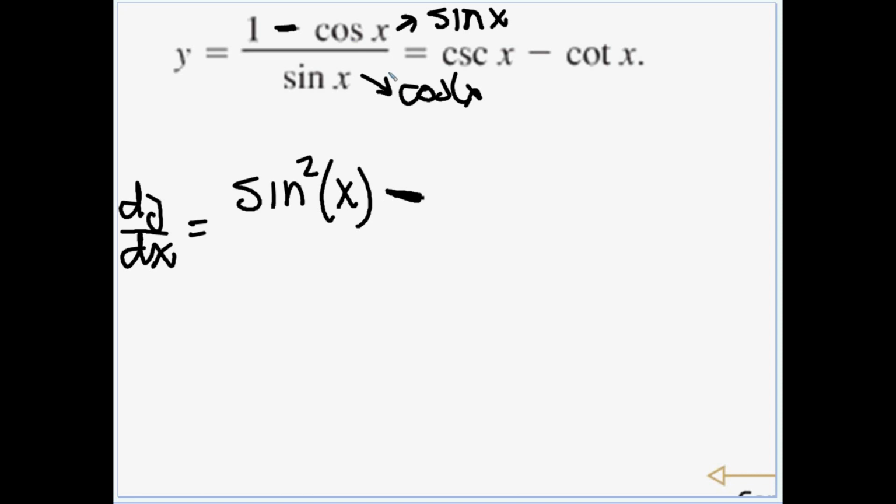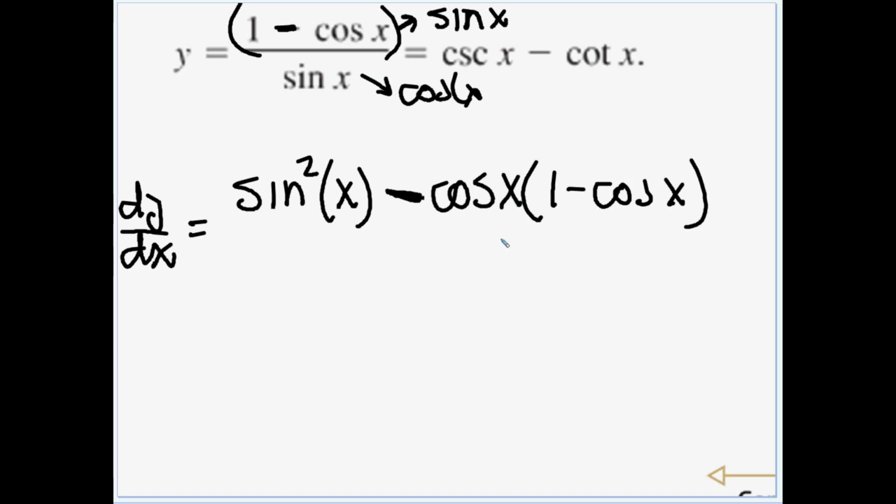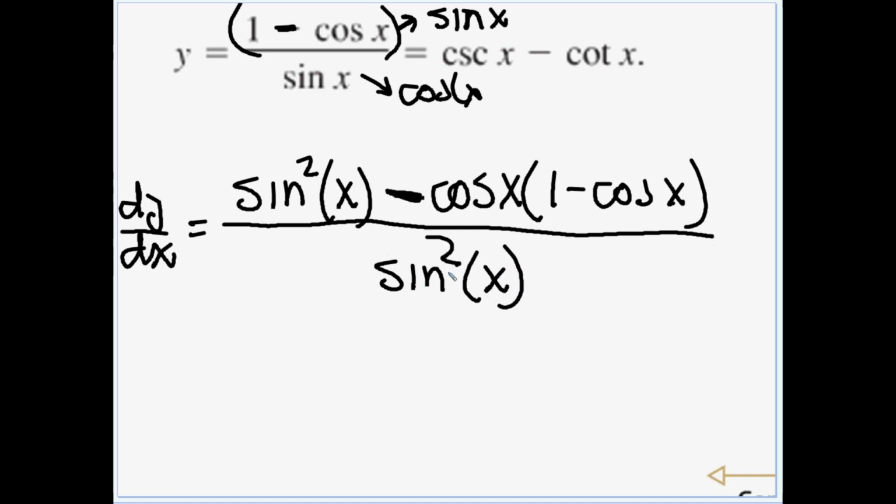Now we're going to do high d low. Our high function is the 1 minus cos x quantity. And our d low is cos x. Low d high minus high d low. We're going to square the denominator. Sine x times sine x is sine squared.